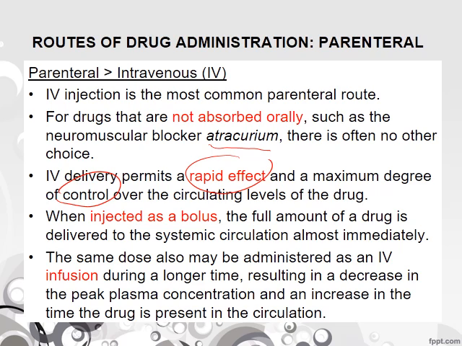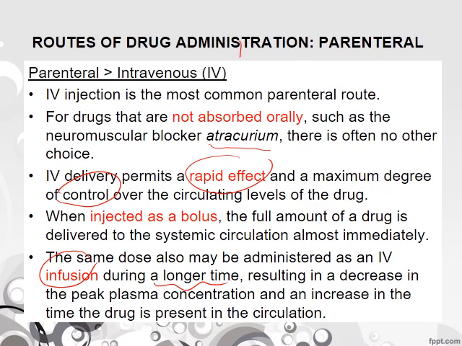When a drug is injected as a bolus, the full amount of drug is delivered to the systemic circulation almost immediately. The same dose may also be given as an infusion over a longer time frame. This will result in a decrease in the peak plasma concentration. However, it will also result in an increase in the time that the drug is present in the circulation.